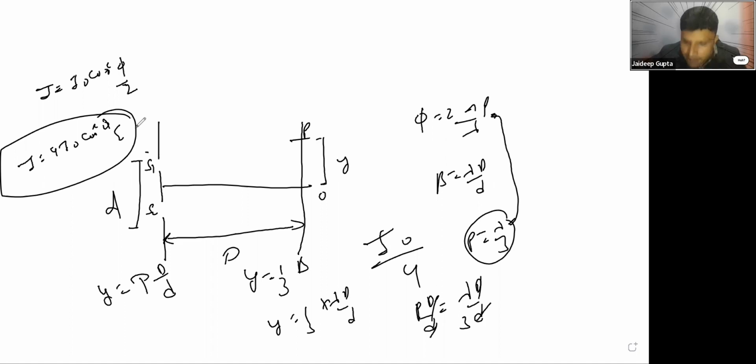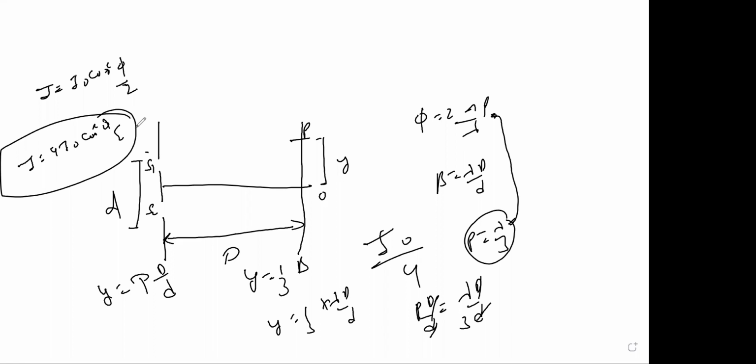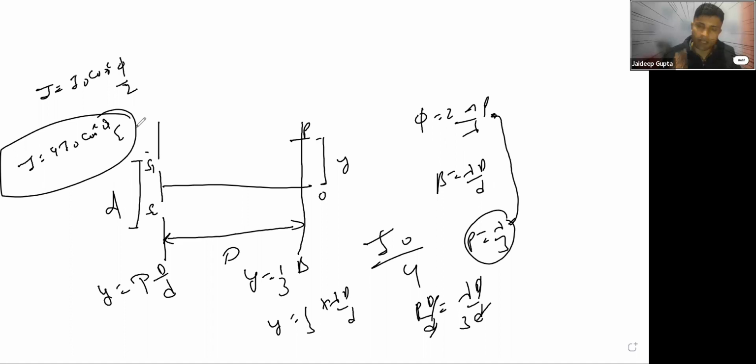Find out the intensity of the light at a point where the path difference is lambda over 3. It is an NCERT question also.